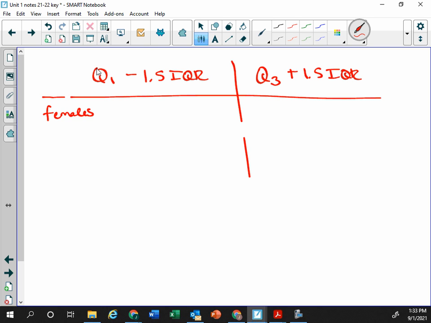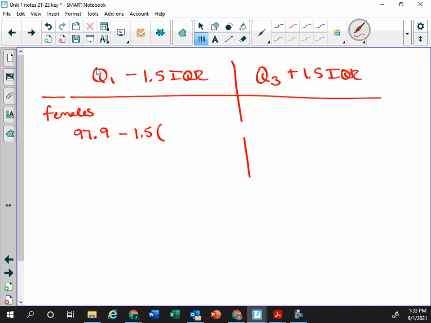All right. How do I find? Well, I can write down the Q1. That's easy. That was 97.9 for females. So minus 1.5 times. How do I find IQR? Q3 minus Q1, perfect.